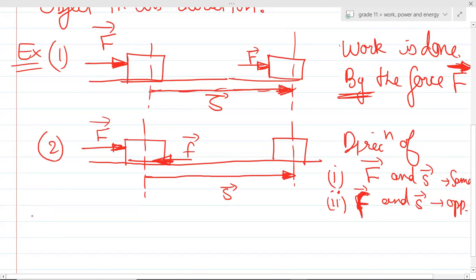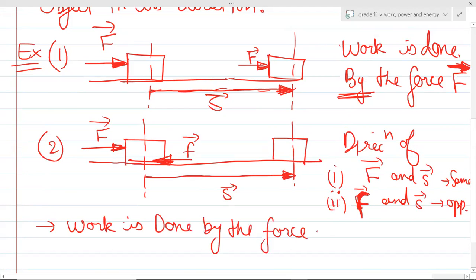So basically, what will you say over here? The work is done by the force capital F, and this work is positive work.